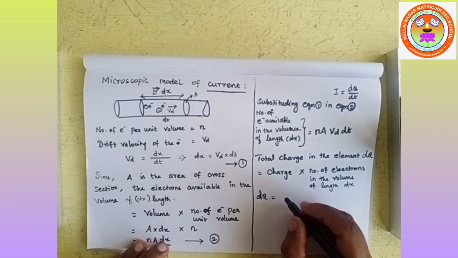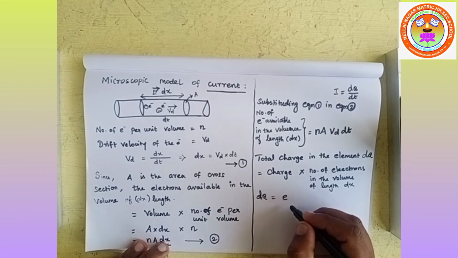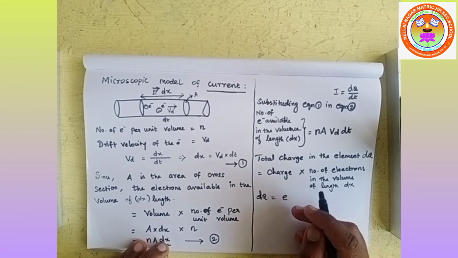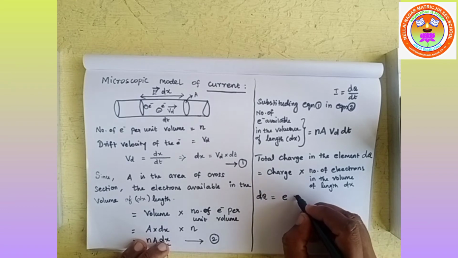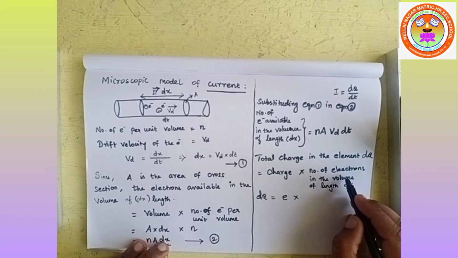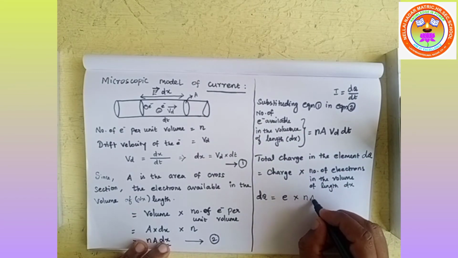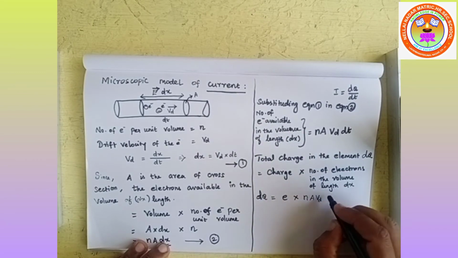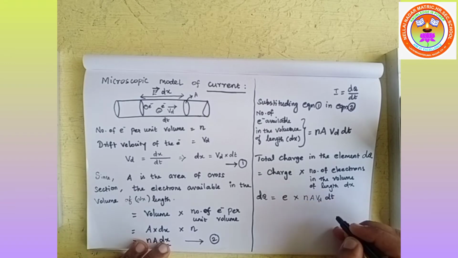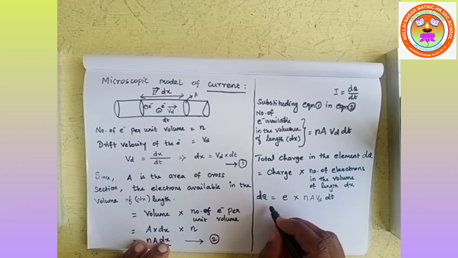The charge of the electron is e, multiplied by the number of electrons available in the volume of length dx, which is n into A into Vd into dt. Okay students, so now you know the value of dq.